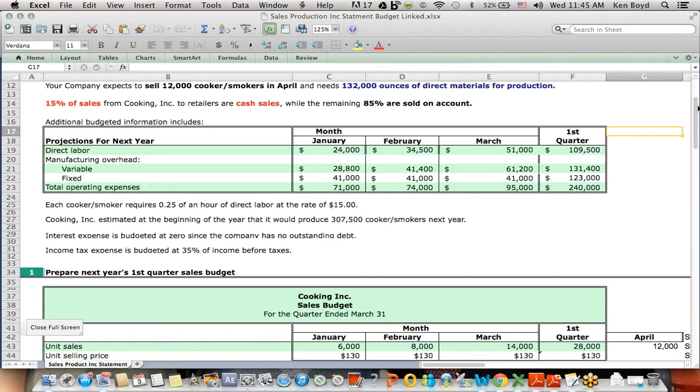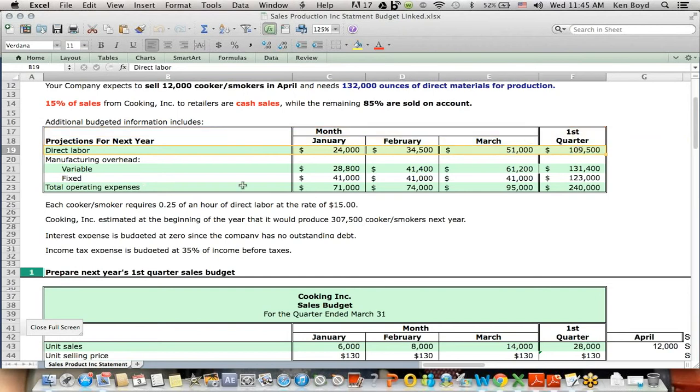Now, I didn't like the way that this information was laid out because direct labor was included as an operating expense. Normally, direct material and direct labor would be a direct cost in cost of goods sold. We'll see at the end of this problem that direct labor is part of operating expenses.